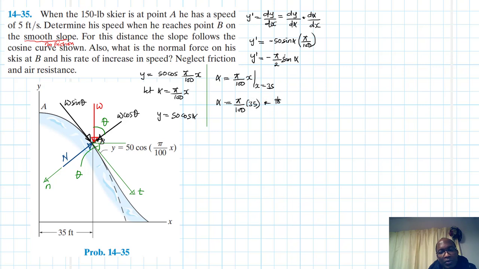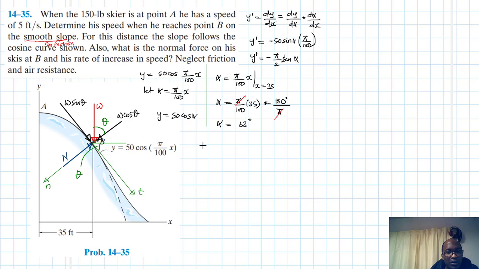We know that pi radians is equal to 180 degrees, so the pi cancels. Therefore, alpha, working out 35 times 180 divided by 100, is 63 degrees.